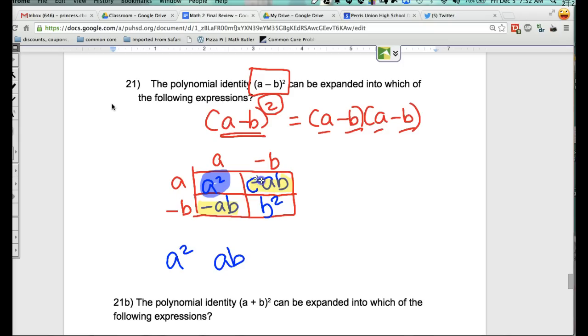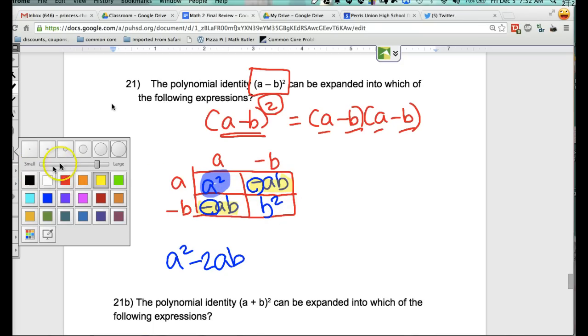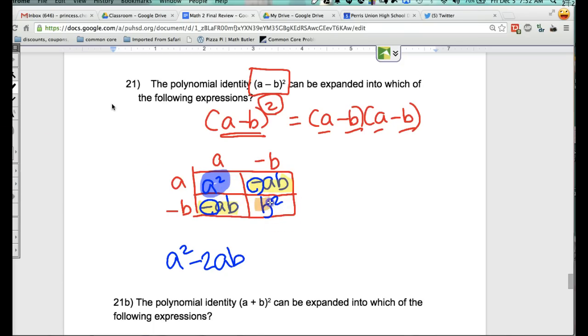And then this means negative 1 and negative 1. So negative 1 plus negative 1 is negative 2. And then finally, I have the b squared by itself. So I'm just going to go ahead and copy that as well because there's nothing else with the b squared, okay? And there you go. That is the answer for question number 21, okay?